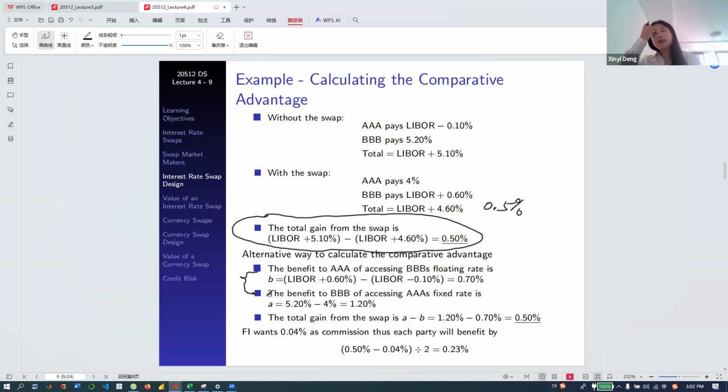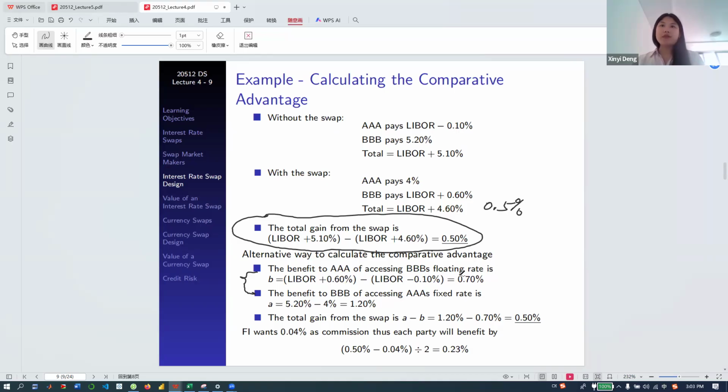You can either directly calculate the total borrowing cost with and without the swap and subtract, like what I just did before, or you can calculate the difference separately for each of the individual parties.